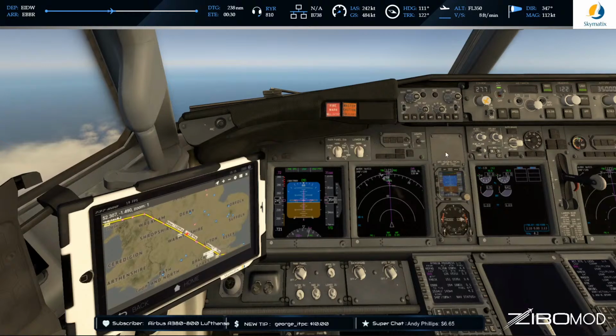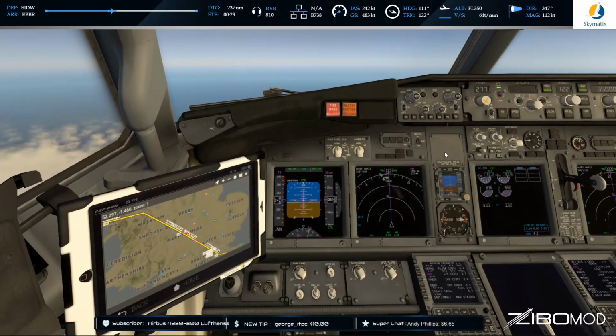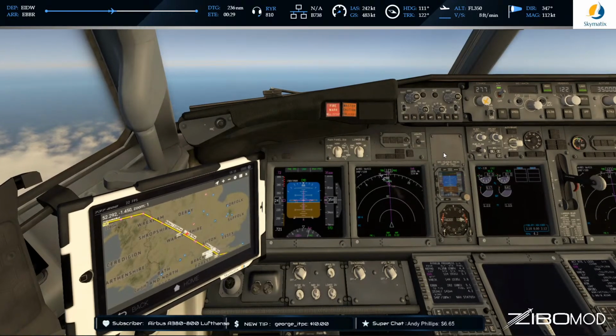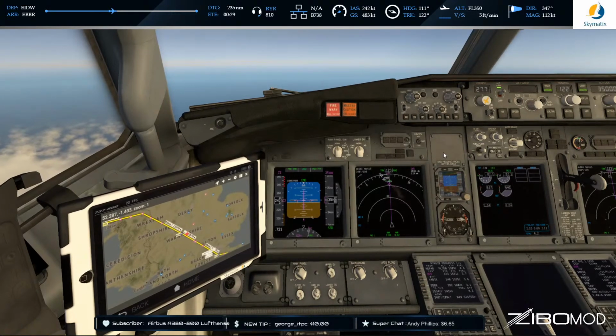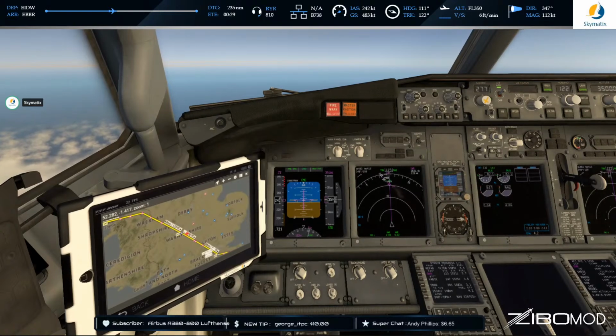Yes, flight level 23 ready for departure. Well, we're coming up to Luton now and we're almost steady on 20, 21, 22.